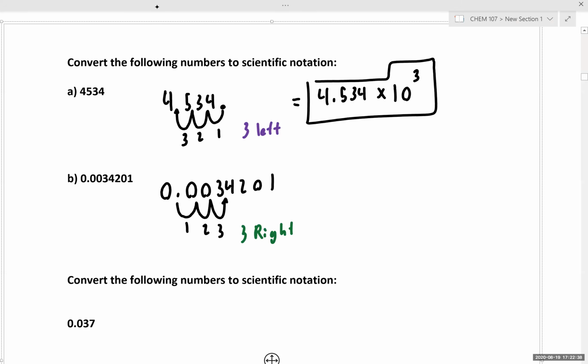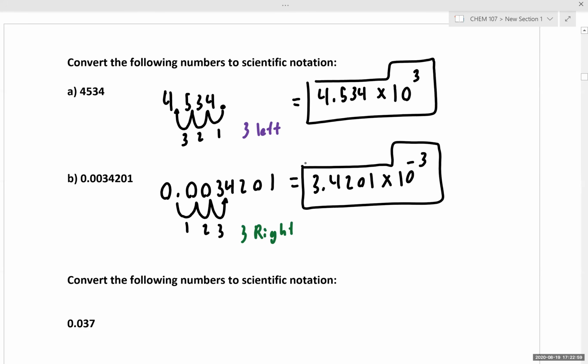That in turn gives me 3.4201, and this time instead of a positive exponent, we have a negative exponent. Large numbers, positive exponent in scientific notation. Small numbers, negative exponent in scientific notation.